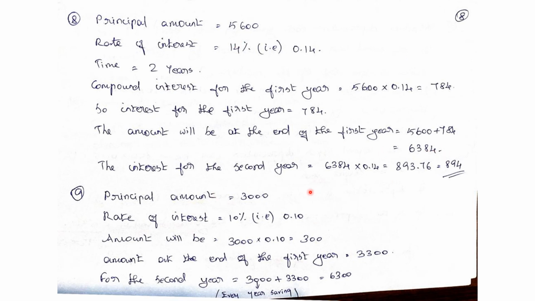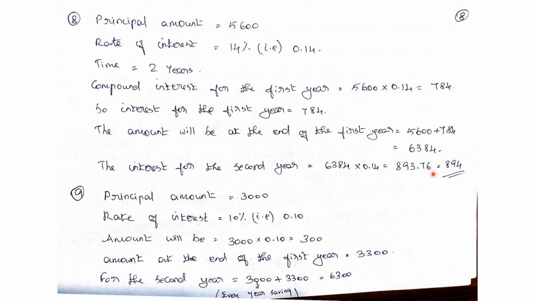The interest for the second year: 6384 into 0.14, 894. Here we are getting 893.76, but we need to round it to the nearest rupee.